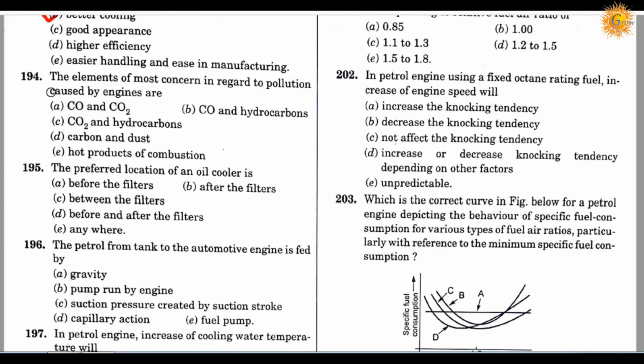Question number 194. The elements of most concern in regard to pollution caused by engines are: option A, carbon monoxide and carbon dioxide; option B, carbon monoxide and hydrocarbons; option C, carbon dioxide and hydrocarbons; option D, carbon and dust; option E, hot products of combustion.